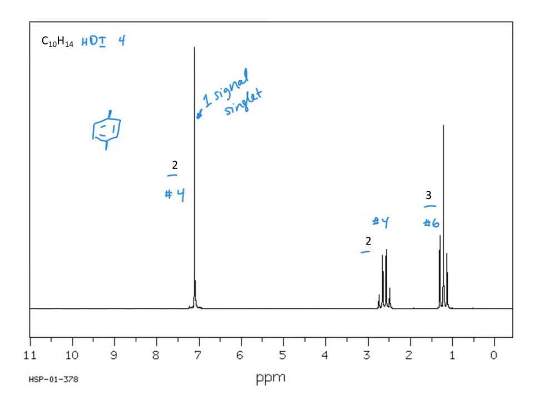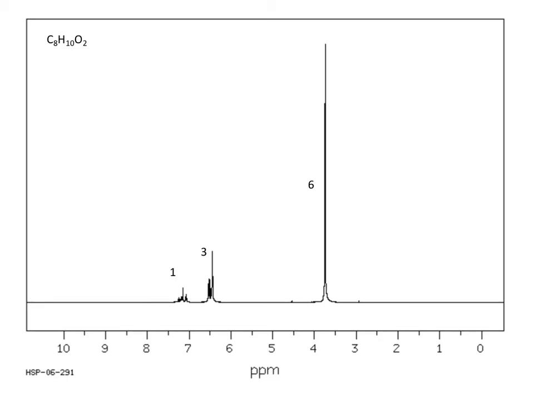Well, they must be the same as each other in order for our compound to have only one signal in the aromatic region. And when we go over to look at these groups, we see a quartet with an integration of 2 and a triplet with an integration of 3, and that is what matches an ethyl group. So this compound is diethylbenzene.